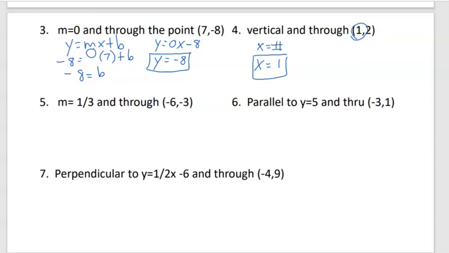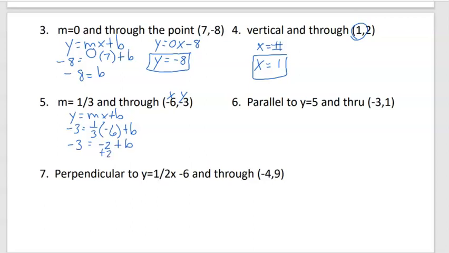Number 5, you've got an m, an x, and a y. So if I go to fill in for y = mx + b, I have -3 = 1/3 for the m times -6 for the x plus b. -3 = 1/3 times -6, which is -2, plus b.